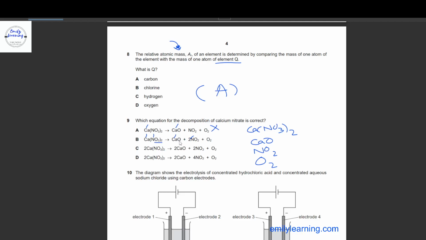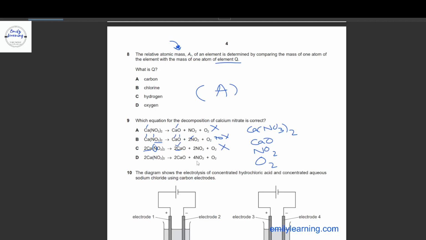There's 1 oxygen here, 4 oxygen here because 2 times 2 is 4, plus another 2, plus another 1 is 7 oxygen, but there's only 6 oxygen on the reactant side, so this is wrong. Moving on to C, you have 2 calcium, 2 calcium, all right. Next, let's check nitrogen. 2 times 2, so 4 nitrogen on the reactant side, 2 nitrogen on the product side. So this is out already.